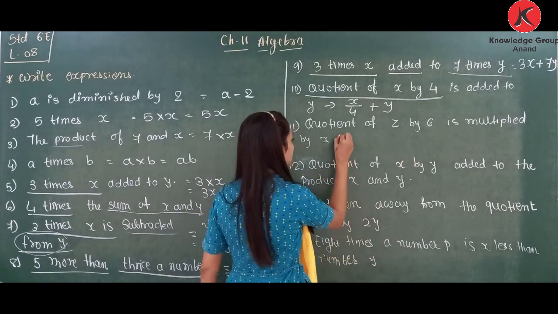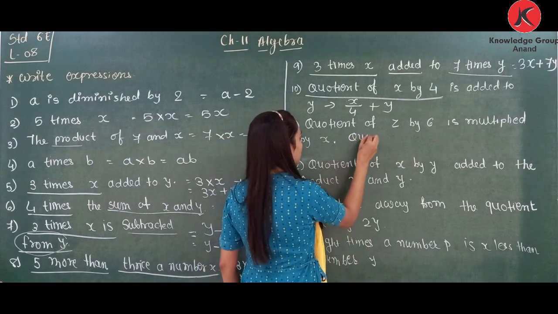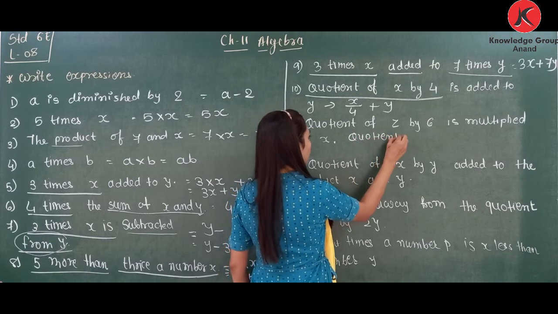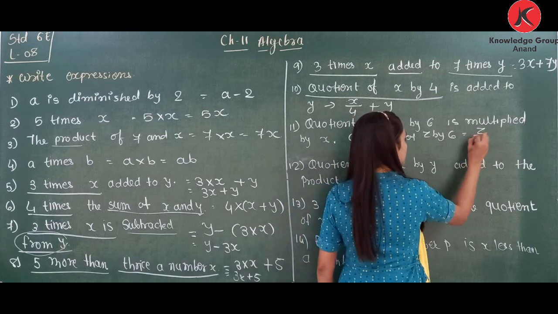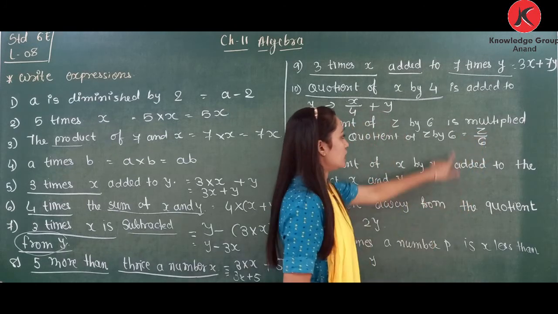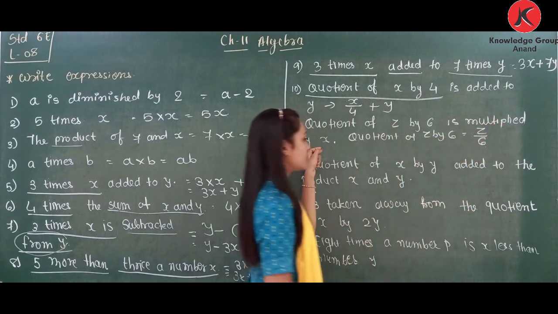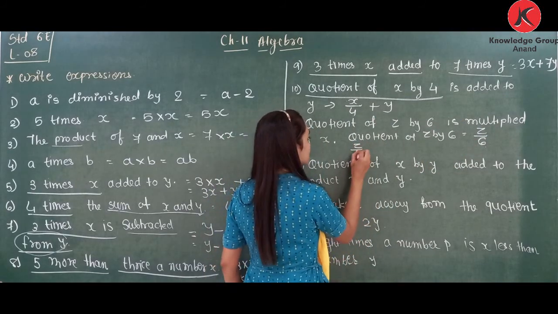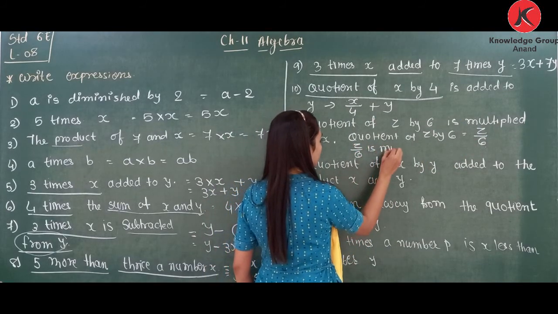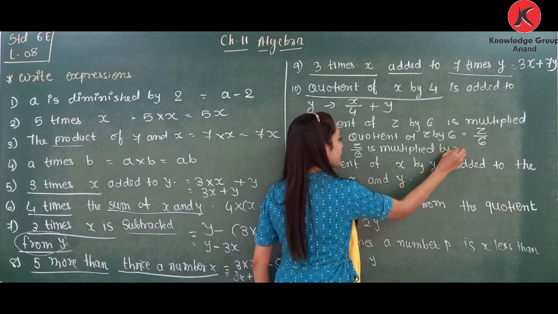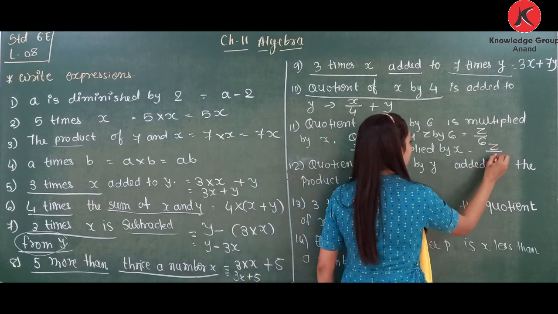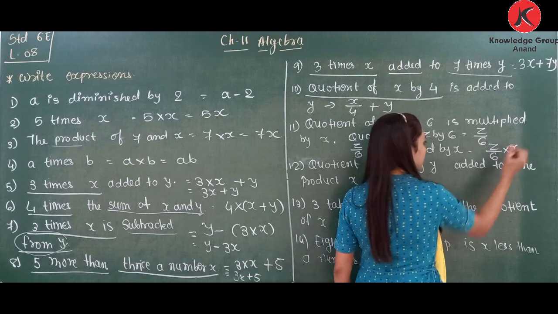Next one, the quotient of z by 6 is multiplied by x. So here we can split this statement. The quotient of z by 6 is nothing but z by 6, which is multiplied by x. So that is z by 6 multiplied by x.